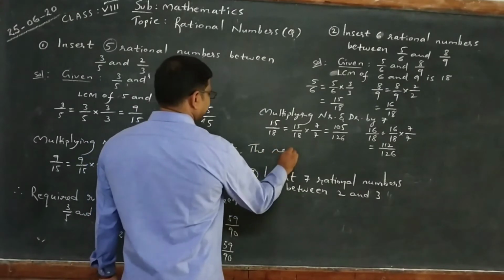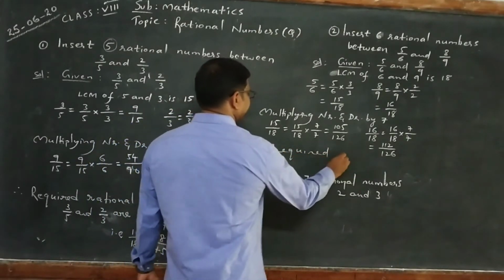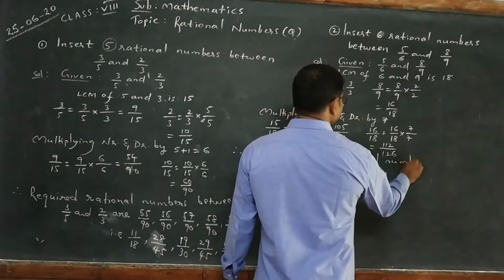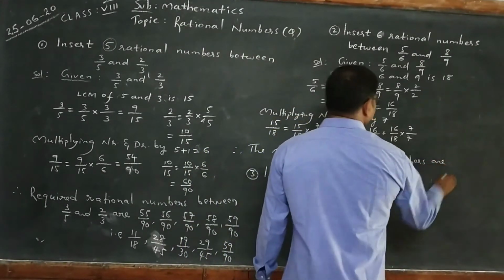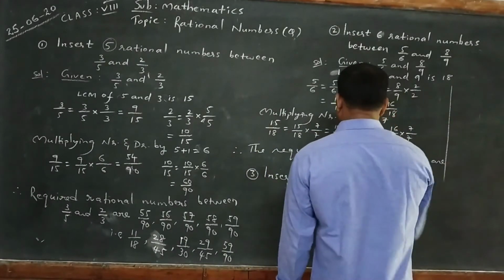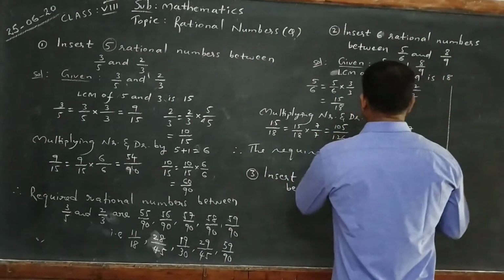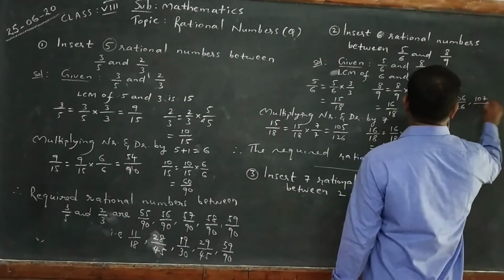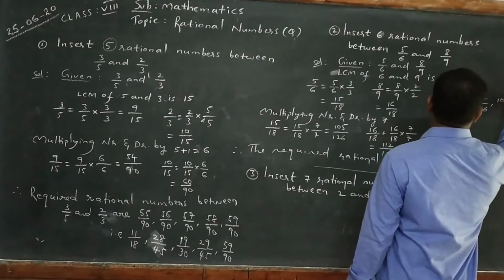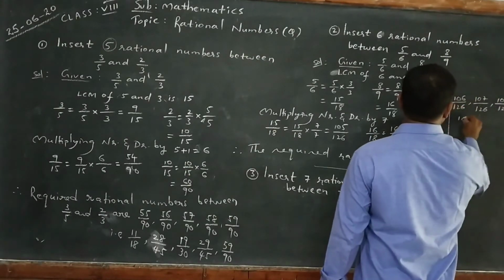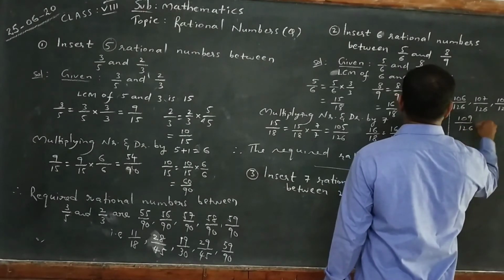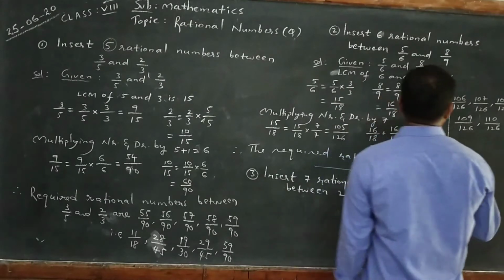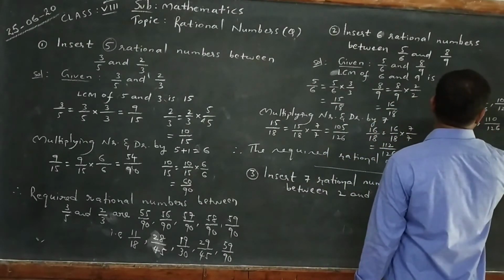Therefore, the required rational numbers are 106 by 126, 107 by 126, 108 by 126, 109 by 126, 110 by 126, 111 by 126. Okay? How many? 6.